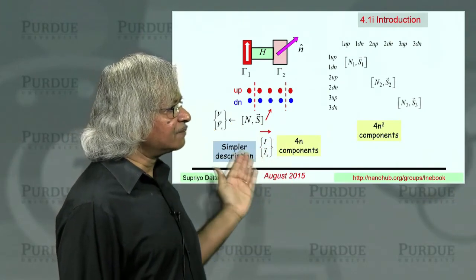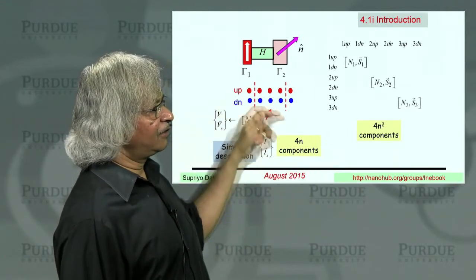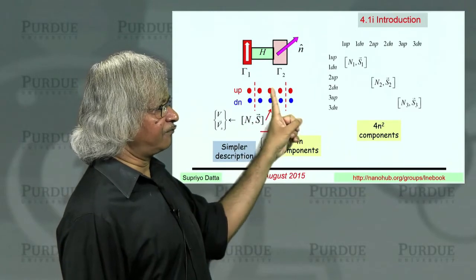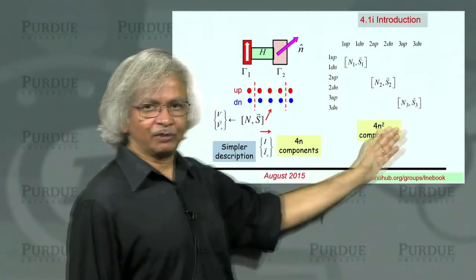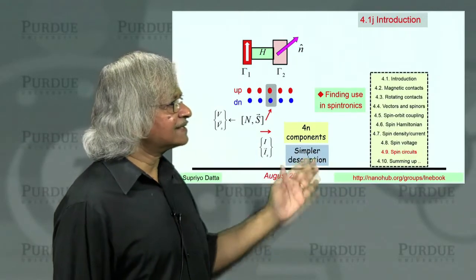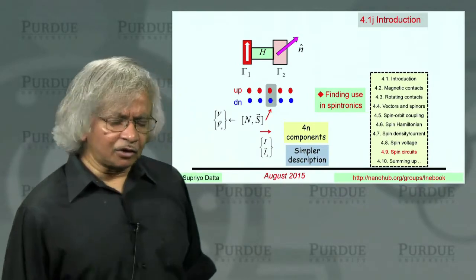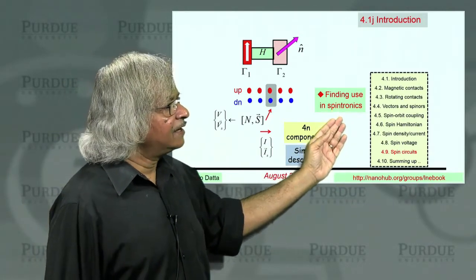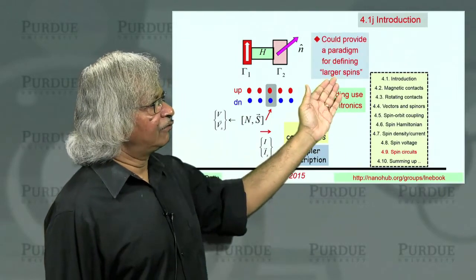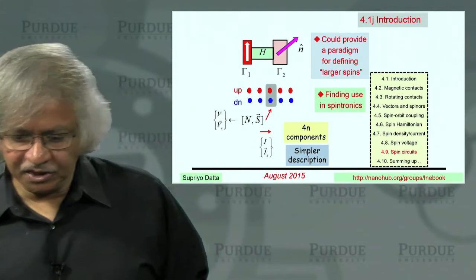And this gives you a simpler description overall, involving 4 components at every point, rather than overall 4n squared components. So this is finding a lot of use in spintronics. And I like to talk about this a little bit also in the context that these might give you a paradigm for handling all kinds of other problems involving NEGF.